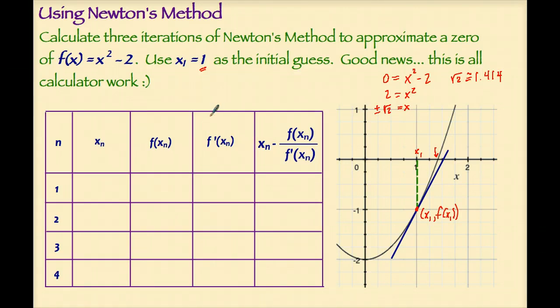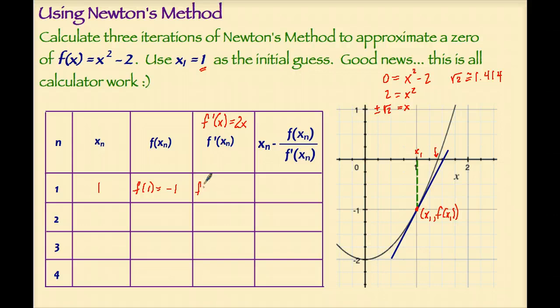We are going to need our first derivative for this process, so let's go ahead and calculate that. F prime of x for this function is 2x. Now, our first guess is 1. The function value at 1 is -1. Notice I just plug it back into the original function.